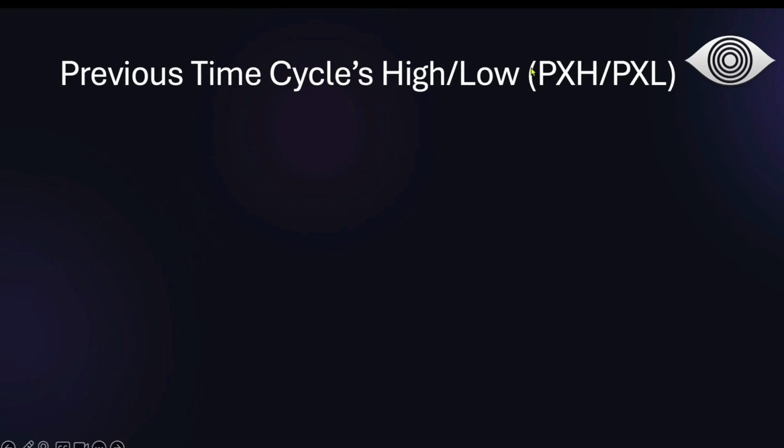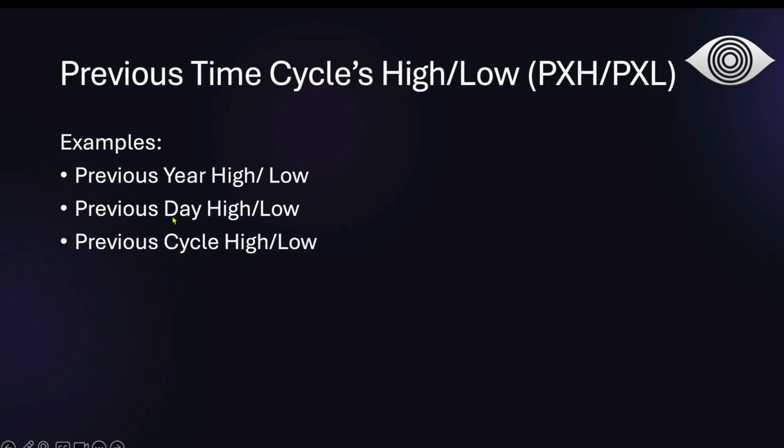If you're looking at session cycles, you can say previous session high, previous session low. Examples of these time cycles' respective highs and lows are the previous yearly high or low, previous day high or low, or previous cycle high and low.